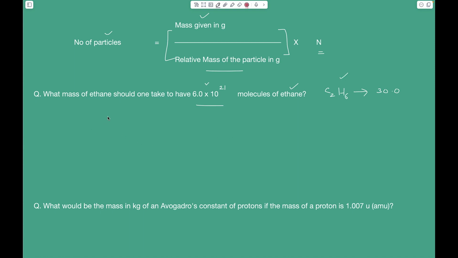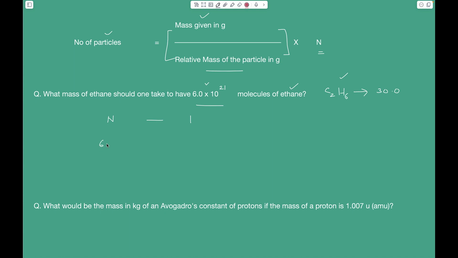So if you take an Avogadro's number of ethane molecules, that means you have 1 mole of ethane, right? 1 mole of any substance has an Avogadro's number of particles. Here we are talking about ethane that is composed of molecules. I just flipped it. That is, if you take an Avogadro's number of molecules, that means you have 1 mole of that substance.